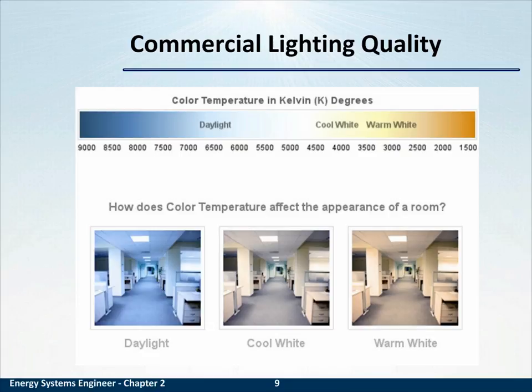Take, for example, daylight, which outdoors is a very natural color, but in an office may appear very blue, versus warm white on the right appears very orange, and on the surfaces typically in an office, cool white may indeed appear the most like natural light.